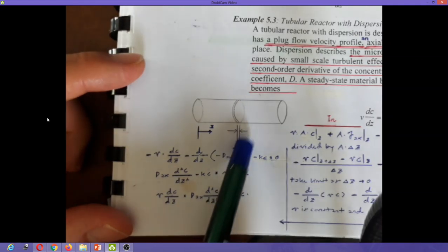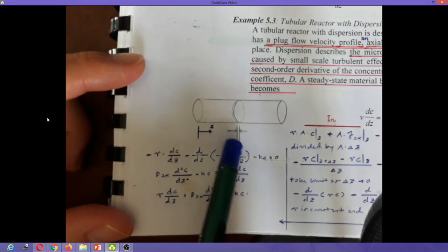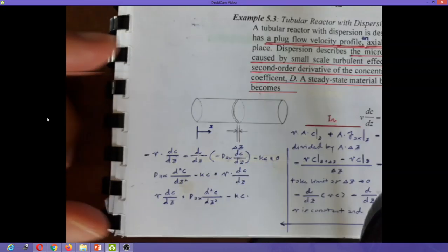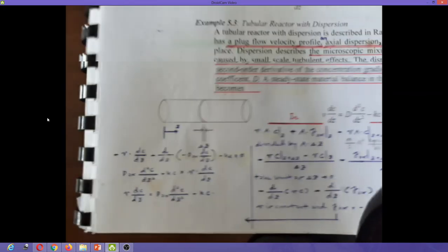Okay, and then we take our attention to this differential length of the tubular reactor. Then what we can do is make a material balance in here.